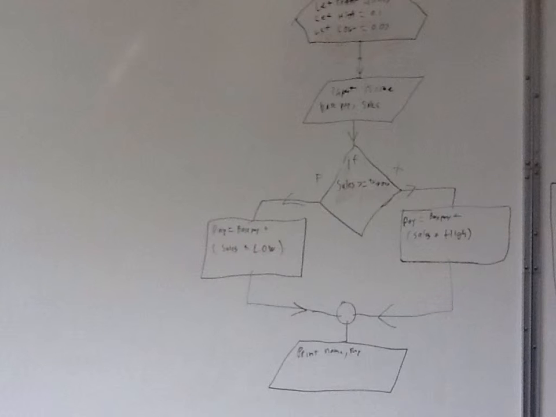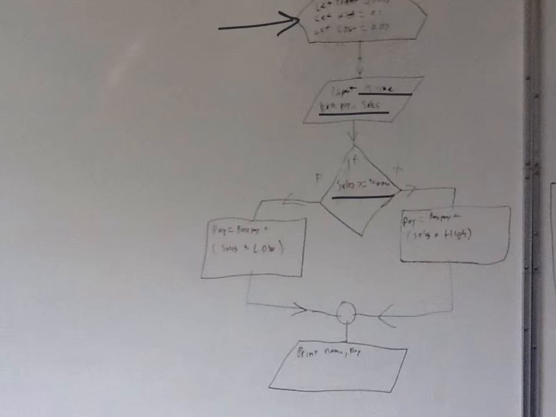So the students did them on the board and on the windows. I took pictures of them all, but the only ones I'm going to show are the two that were on the board. So in this case, they did some initialization. There's a start up above there. Then they came down and they inputted name, base pay, and sales.